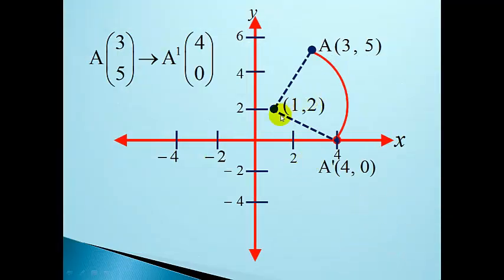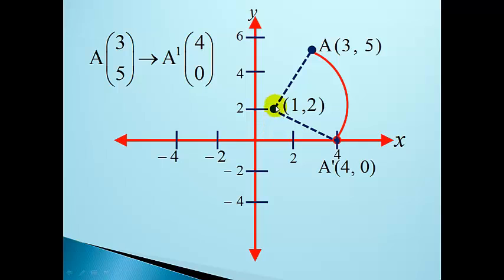When you consider the graph, the coordinate of the point A is (3, 5). So we have 3 on the x-axis and 5 on the y-axis, because 3 is the x-coordinate and 5 is the y-coordinate. Now the point (1, 2): 1 is the x-coordinate and 2 is the y-coordinate.